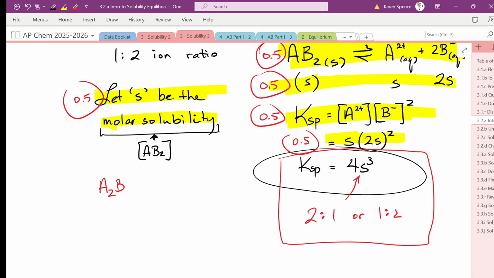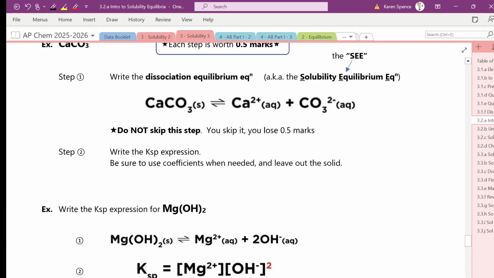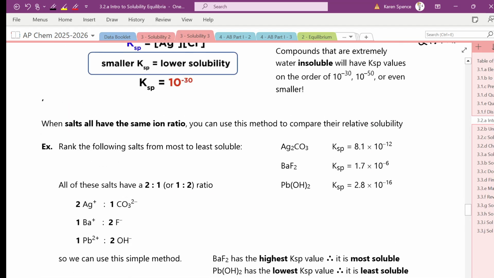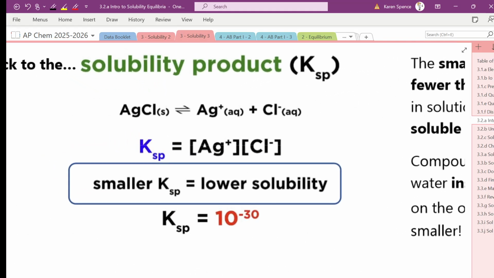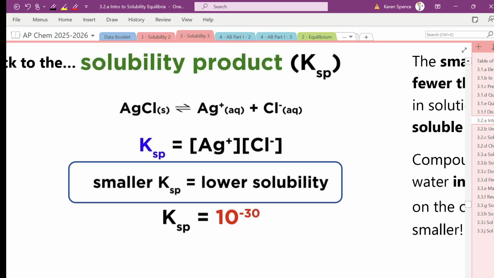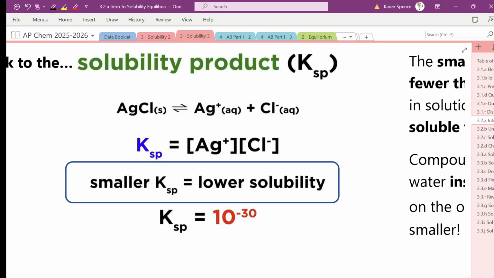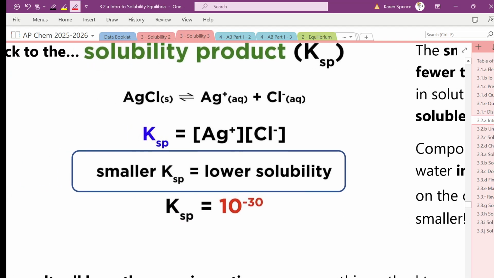All right, now knowing that, we're going to take a look at page 27. If you have a KSP value, the smaller the KSP, what does that tell you about the ion concentrations? If we have a small KSP, the ion concentrations are small, low. And if the ion concentrations are low, is it very soluble or less soluble?